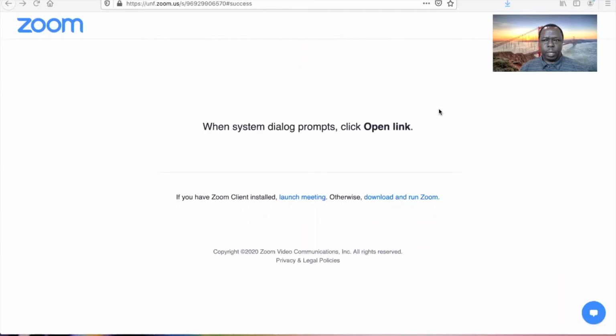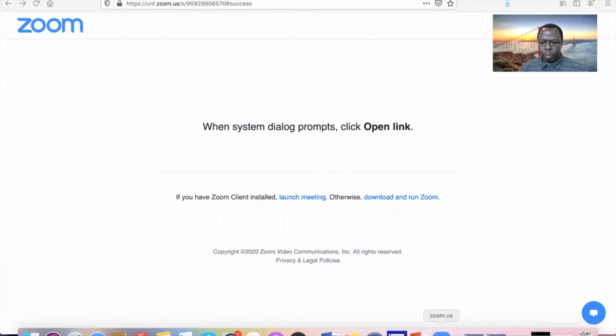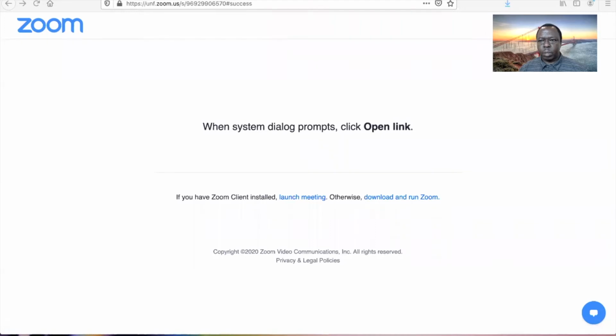I want to share my screen here and walk you through how to determine the empirical formula of a compound, using an example.